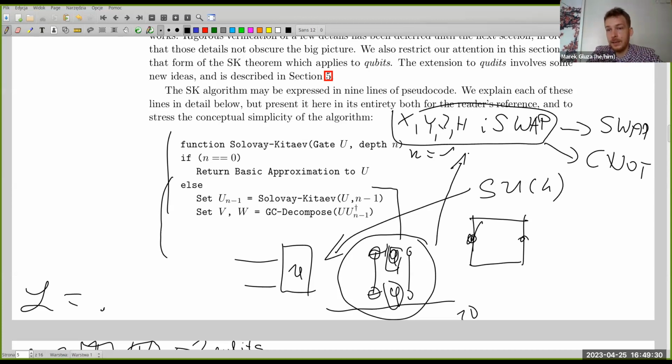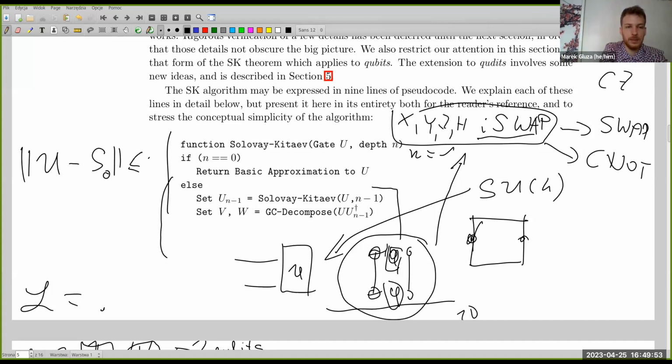And iSWAP will be already quite close to maybe some CZ operation. Maybe it won't be too far, and then maybe you can initialize it, right? So as long as the approximation is not horrendously bad, if the difference U minus some sequence S0 is maybe smaller than 0.1, you can kickstart the algorithm.